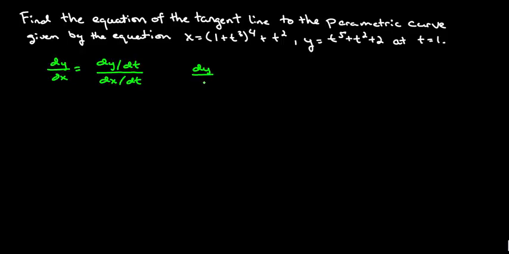So dy/dt is equal to 5t to the fourth plus 2t. Then we've got dx/dt, the rate of change of x with respect to t. This right here is going to require the chain rule.